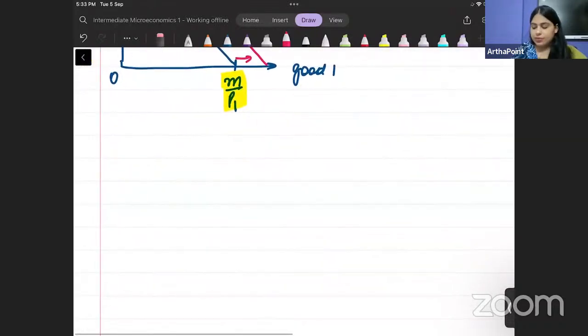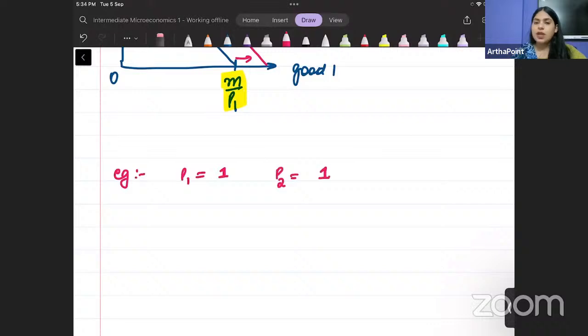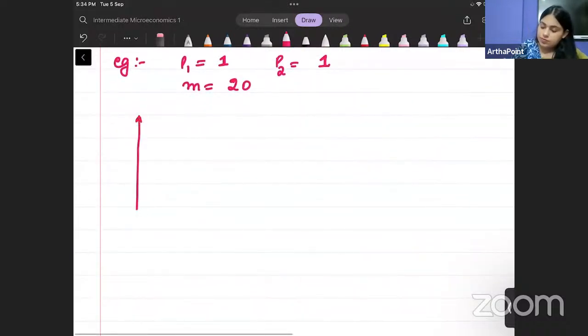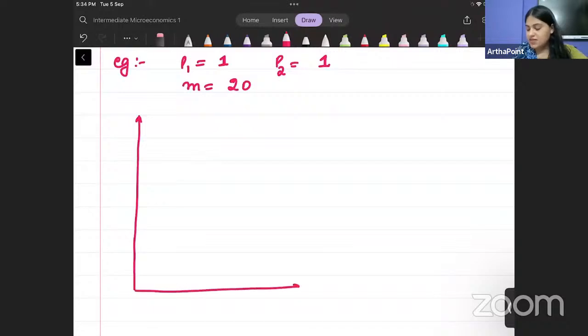Let's take an example. Suppose price of good 1 is 1, price of good 2 is also 1, and income of the consumer is, say, 20. Okay, beta, what will be your x-axis intercept?